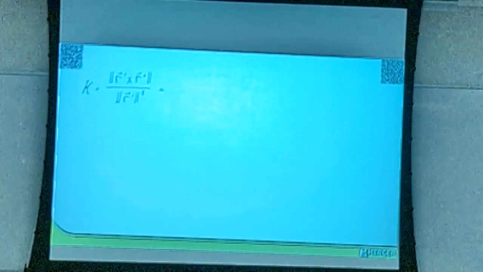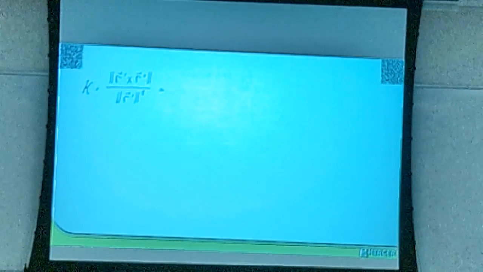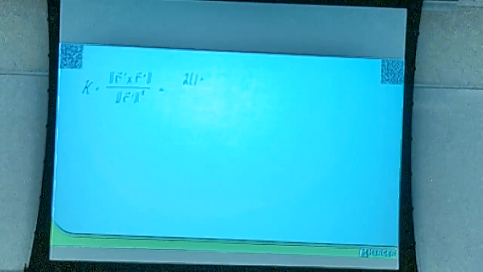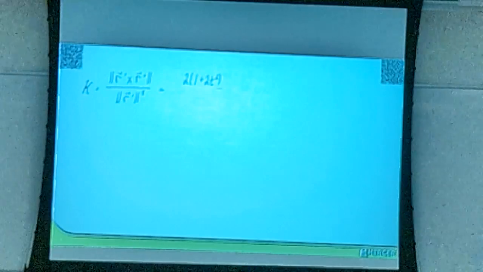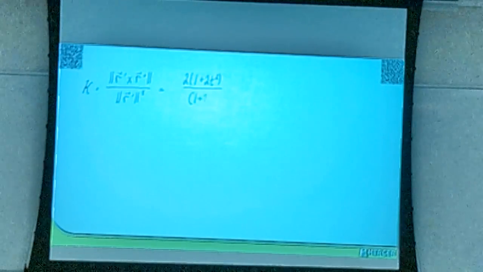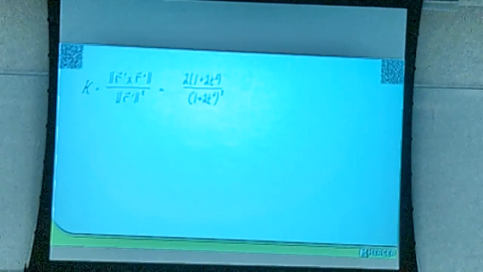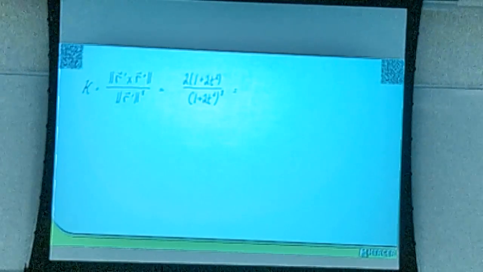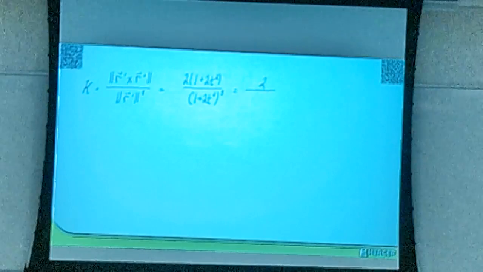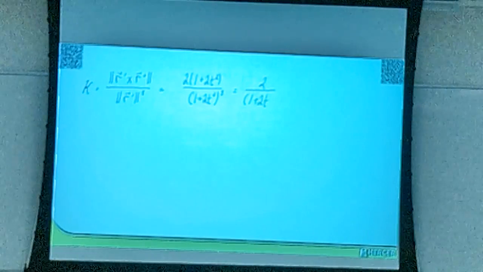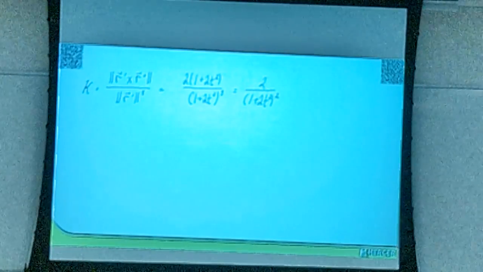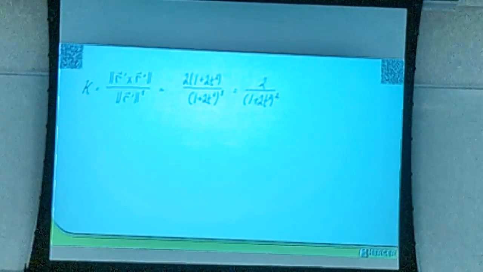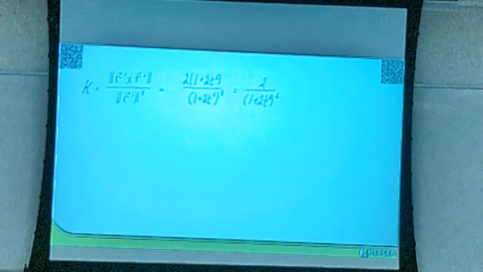Magnitude of cross product over magnitude of the derivative cubed. There it is. 2 over the quantity 1 plus 2t squared, all squared.